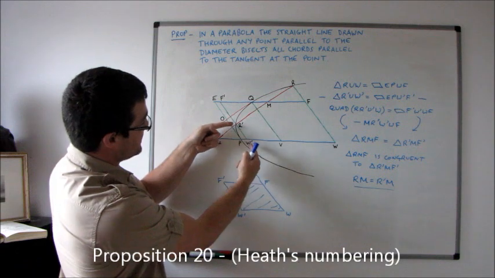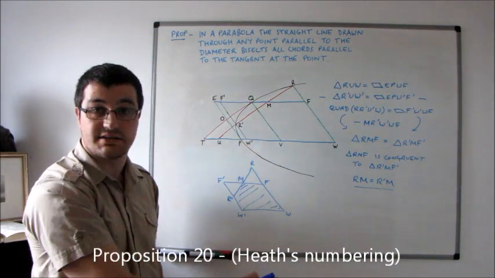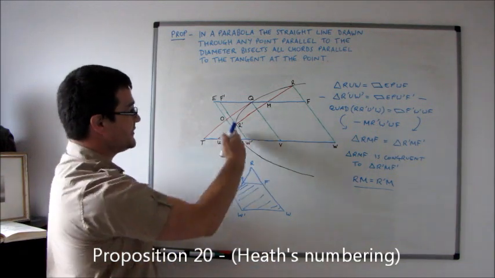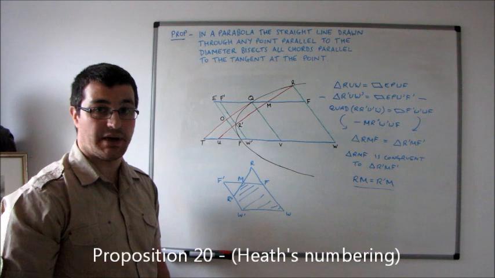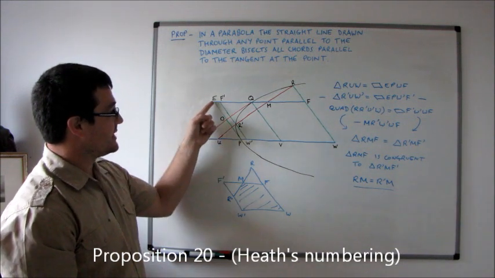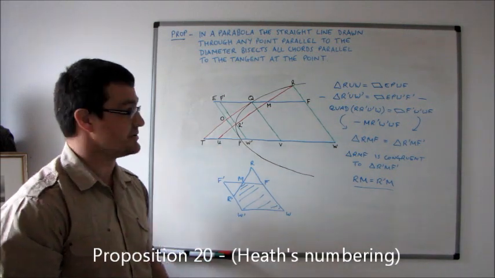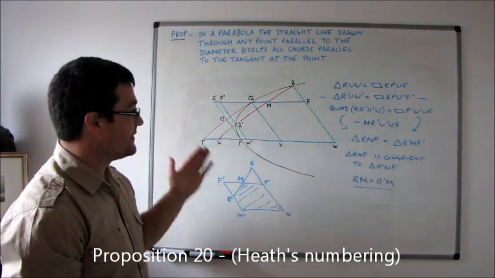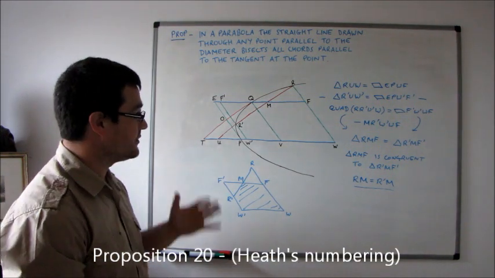If we were to extend these chords, then they would all be bisected, so they must be parallel to the tangent at P. Well, they're parallel to this line PE by construction, so therefore PE must itself be a tangent. So that proves the theorem. This is going to be used in the next proposition, which I'm going to move on to now.